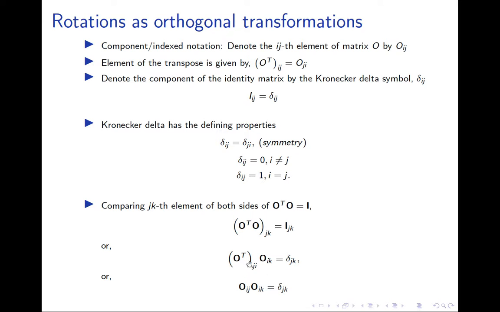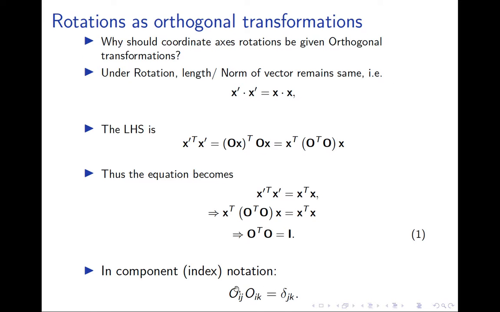So O transpose ji, O ik is the jkth element of this product. Because this is a transpose, the row and column indices get switched, so it will be Oij instead of O transpose ji. So we have Oij Oik equals delta jk. This is exactly what we had in the last slide.